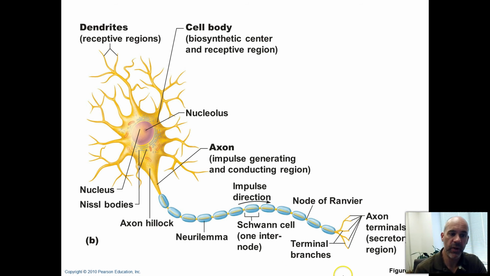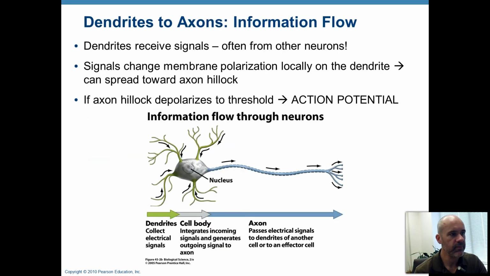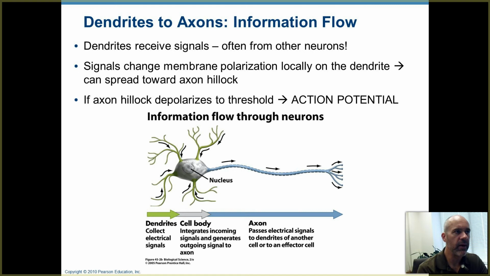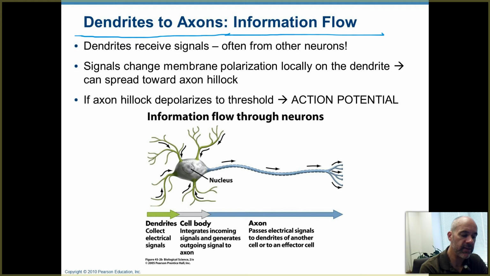And as we study this unit, we're going to see that there are many examples of other types of neurotransmitters that are used by different neurons, and those can have different effects on your nervous system. All right, so that was just a quick overview. Now we've talked a little about some of this before, but we want to review it again here as well. Information flow with neurons: think about it as being from dendrites to axons.